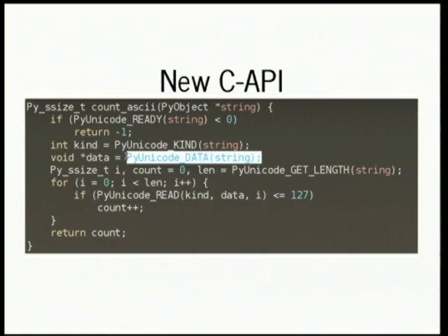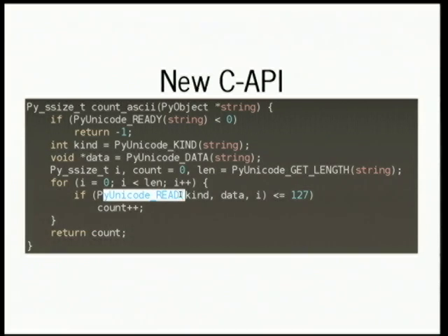And then this gives you access to the raw Unicode buffer, but you see it has to be a void pointer because we don't actually know how long it is at compile time. And then we have to use a macro to actually access the characters, which takes the kind and the data as input and figures out what size it needs to index into the void buffer.